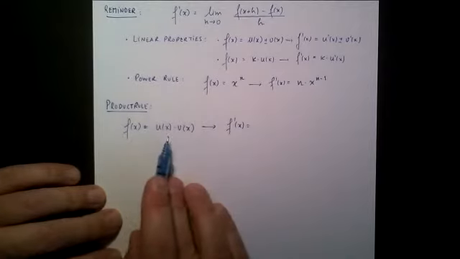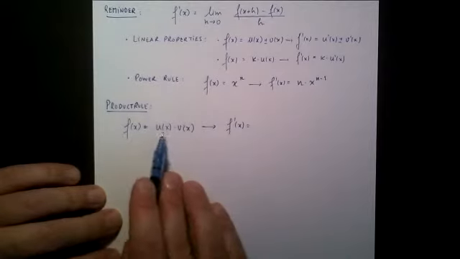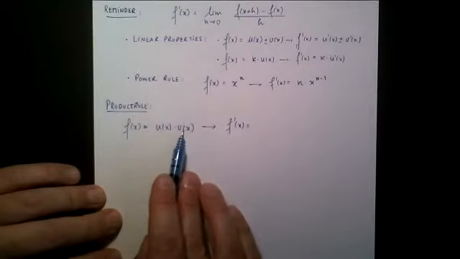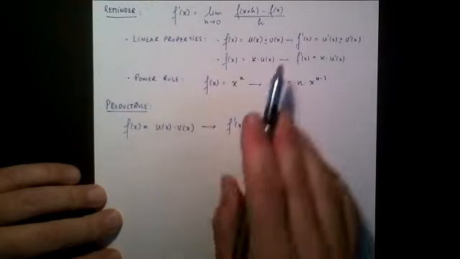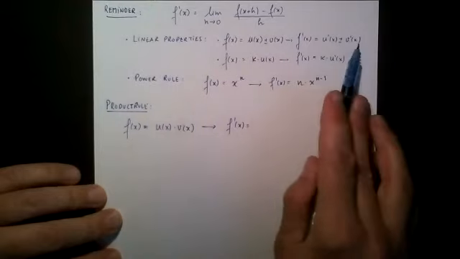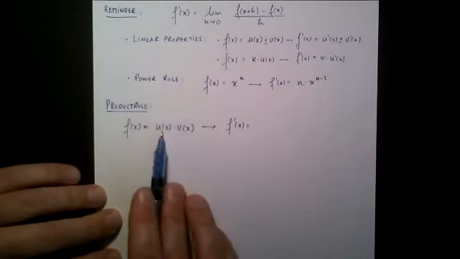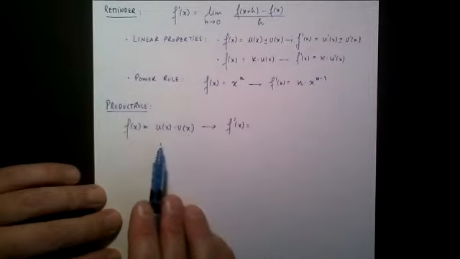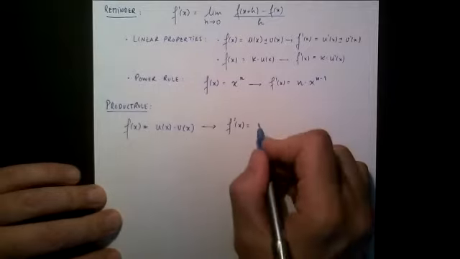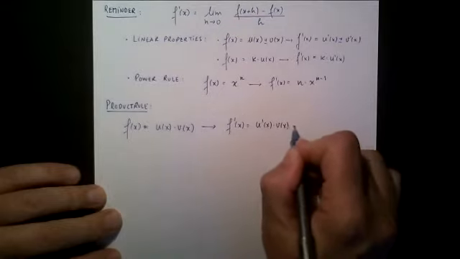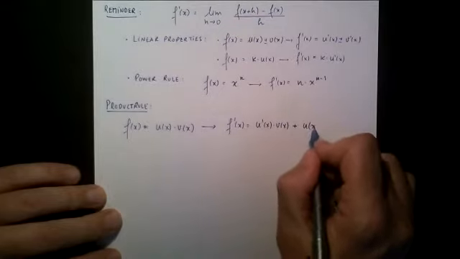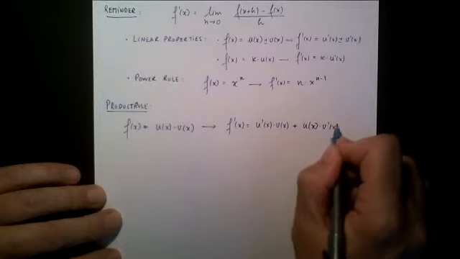So we're expecting this to be u prime times v prime, just like we did with plus and minus, right? We just did u prime plus v prime. Here we expect it to be u prime times v prime, but that's not going to be the case. Okay, it's going to be u prime times v plus u times v prime.